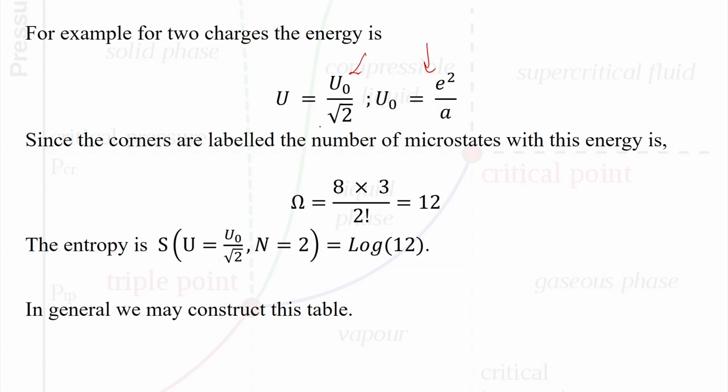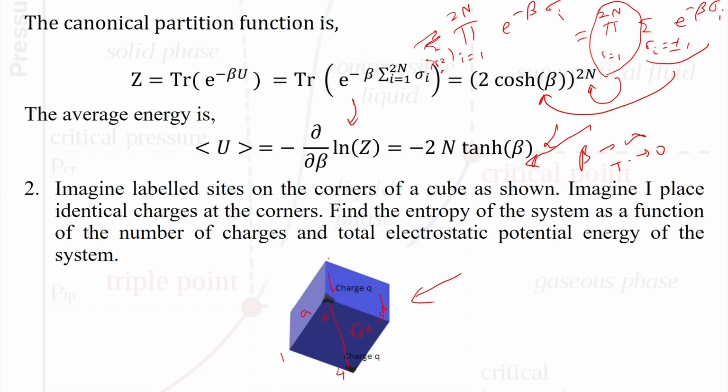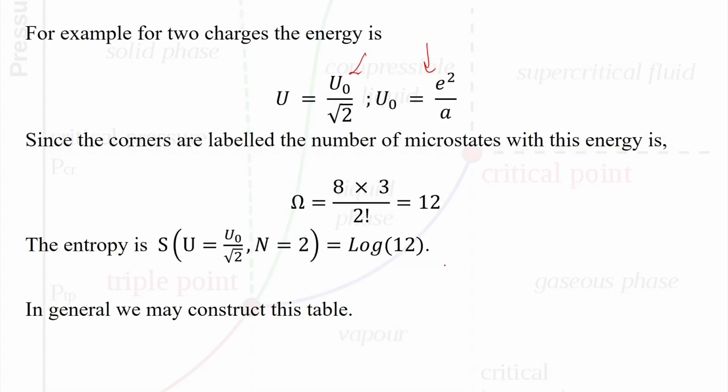But you can also have a situation where the energy is right at the diagonal, a charge here and one diametrically opposite. So you can also have an energy which is U naught by square root of 3. In fact, these are the only energies possible for 2 charges.